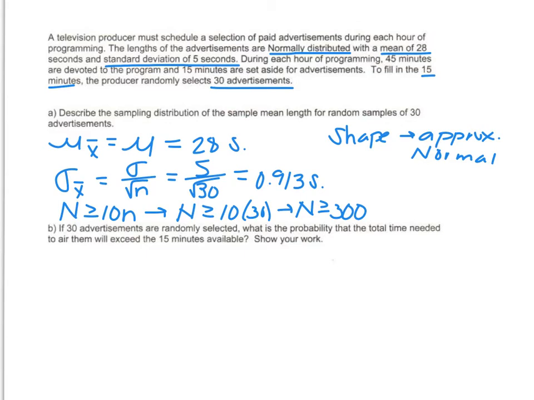If 30 advertisements were randomly selected, what's the probability the total time needed to air them will exceed 15 minutes available? So we're talking in terms of seconds. So 15 minutes times 60 seconds is 900. We want to find the probability that the total time would exceed 900.